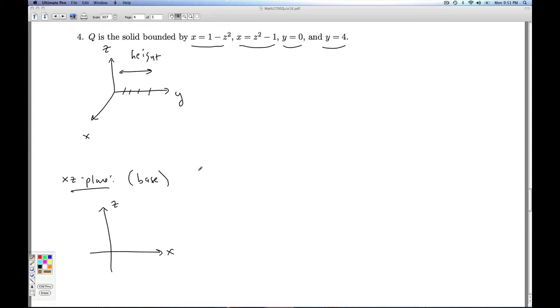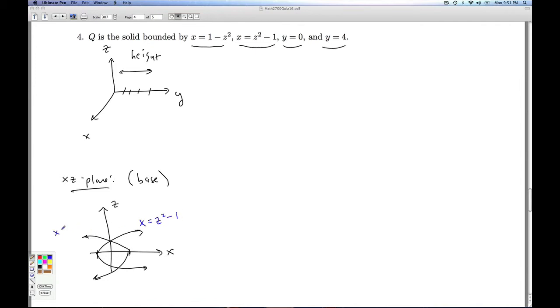X equals 1 minus z squared and x equals z squared minus 1 are both parabolas. One of them opens to the right and one of them opens to the left. So this is x equals z squared minus 1.